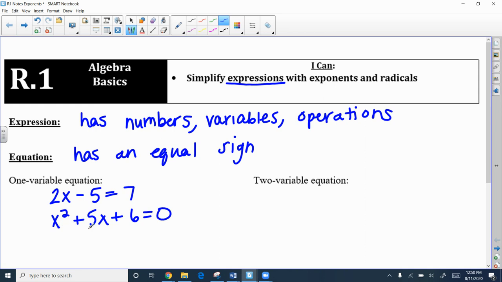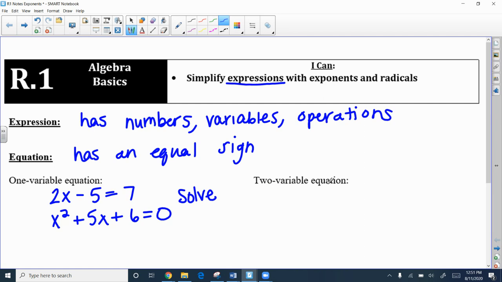So even though it has the x squared and the x, the only variable is x, and it has an equal sign. So we'll see more of one variable equations in unit 1, and we can solve one variable equations, meaning we can find the number or answer that makes the equation true.